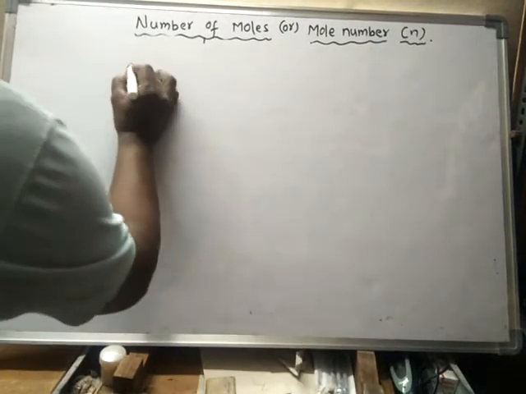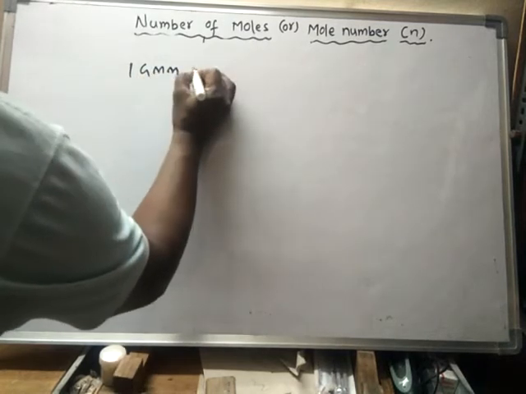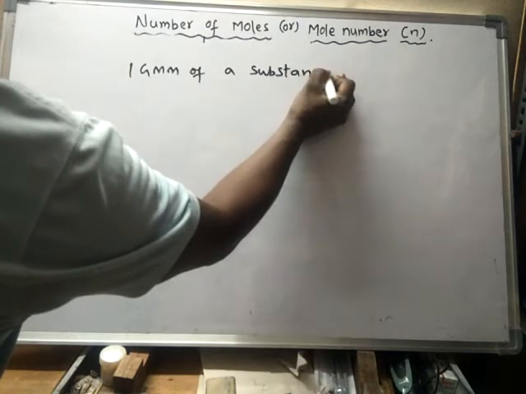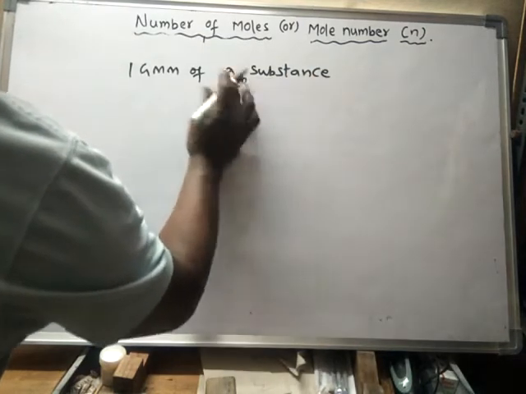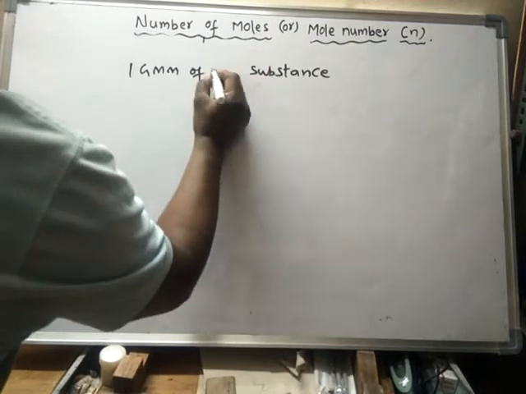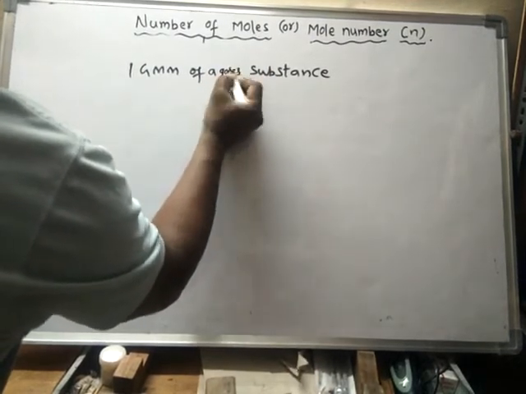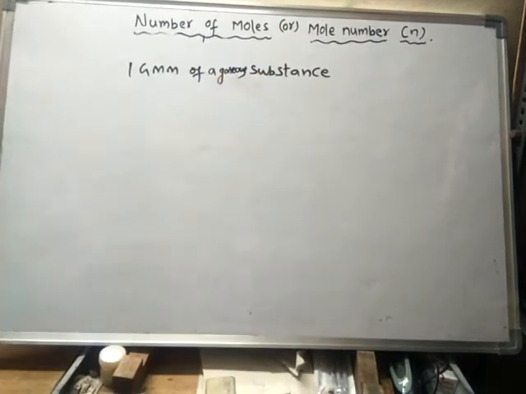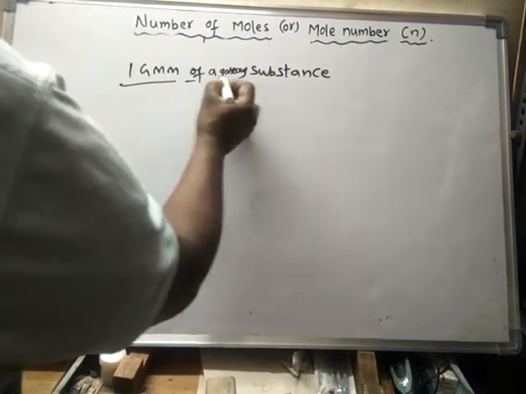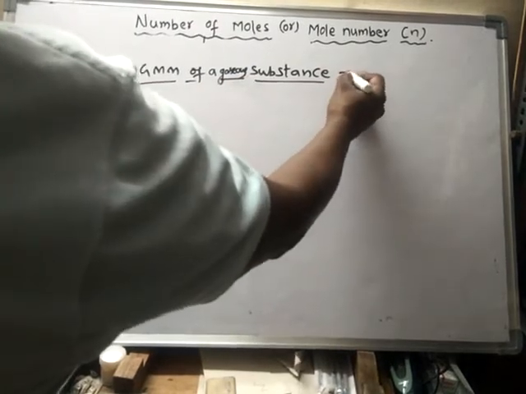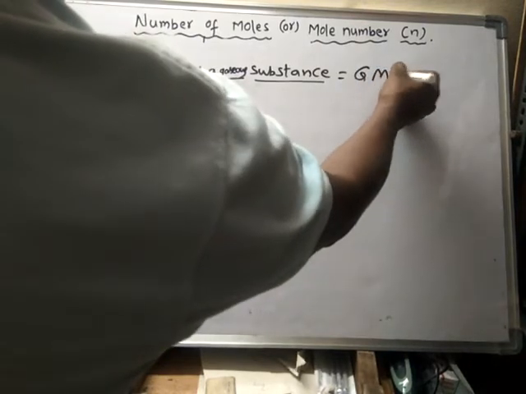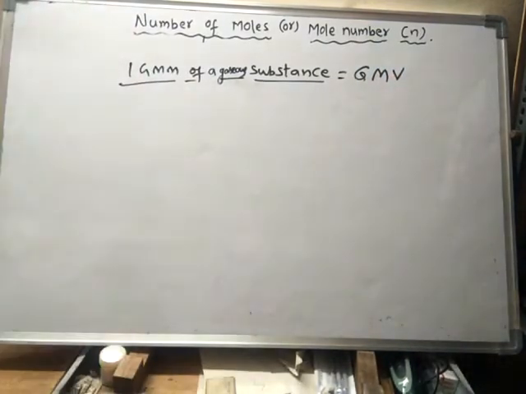Remember that 1 gram molecular mass of a gaseous substance will occupy the volume equal to the gram molar volume.